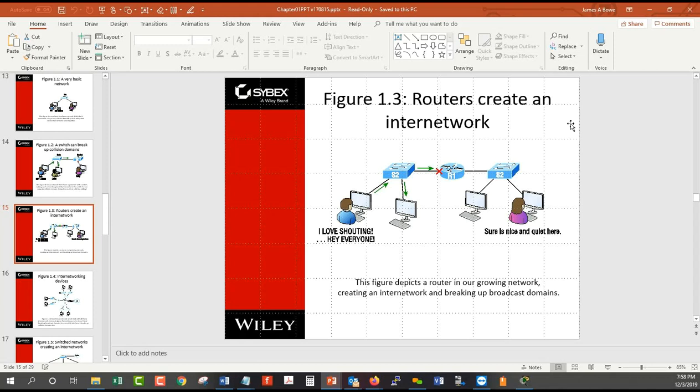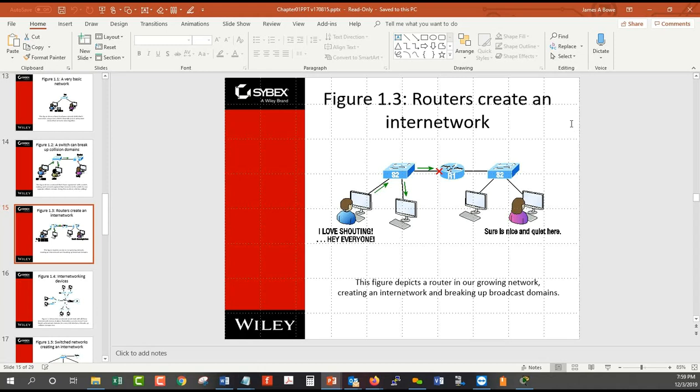Careful, Sharon. Remember, with a switch, Patrick, you are correct. There are 6 collision domains, because every connection to a switch is a separate collision domain. So I've got 1, 2, 3, 4, 5, 6. And yes, Sharon, you're correct.